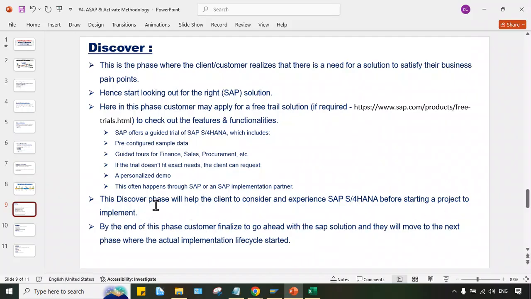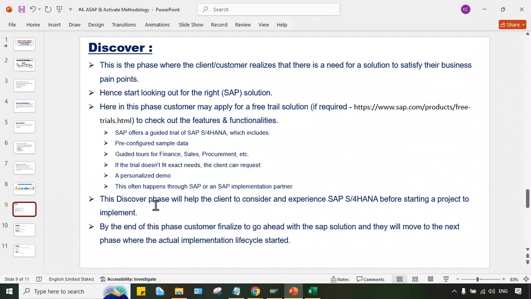Of course, before starting the implementation, first of all they want to check it, guys, because implementation involves a huge cost. Once they have gone for the implementation, if they feel they are not satisfied, which is almost next to impossible because SAP provides a very wide variety of solutions, that's the reason almost everybody is satisfied.